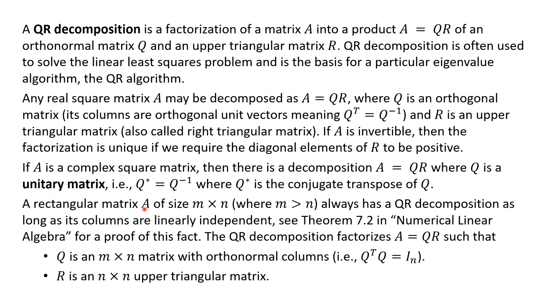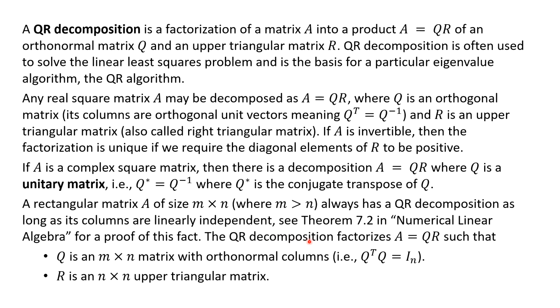A rectangular matrix A of size m by n always has a QR decomposition as long as its columns are linearly independent. I'll give you a reference on this, Theorem 7.2 in Numerical Linear Algebra has a proof of this. I'll put a link to this reference in the information to this video.